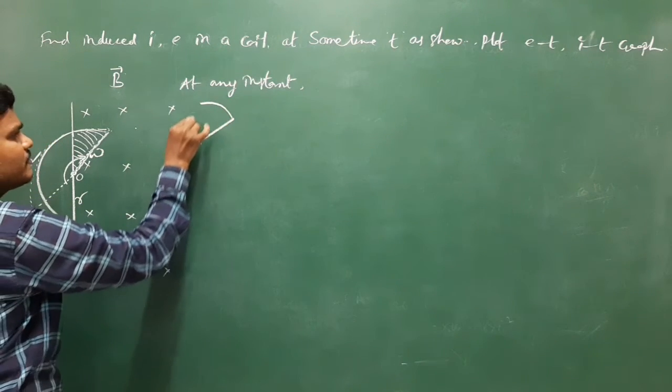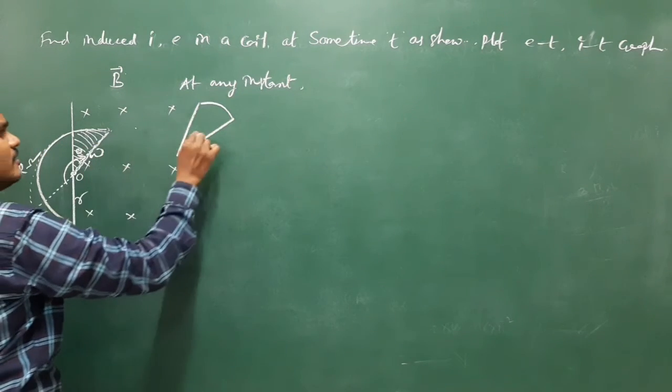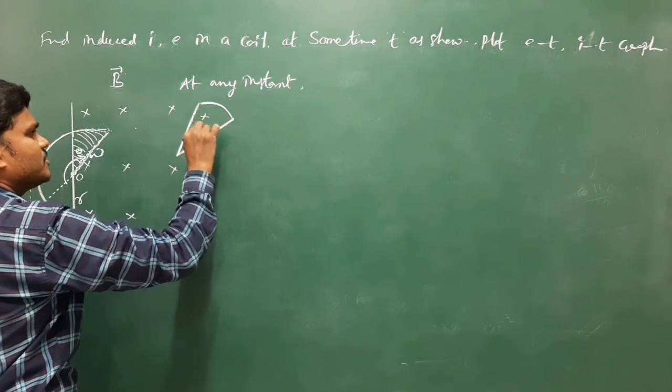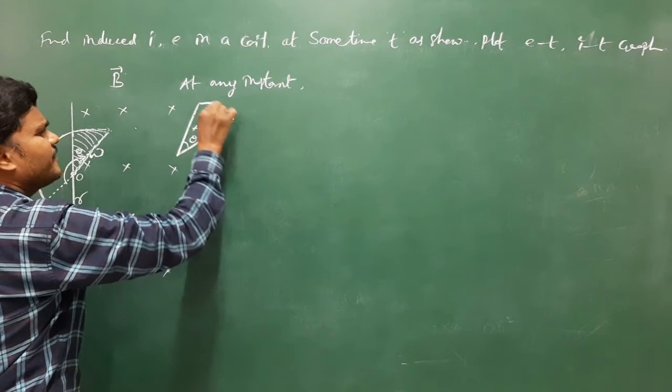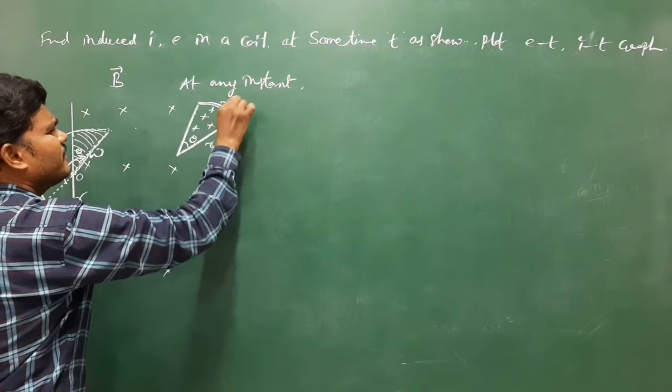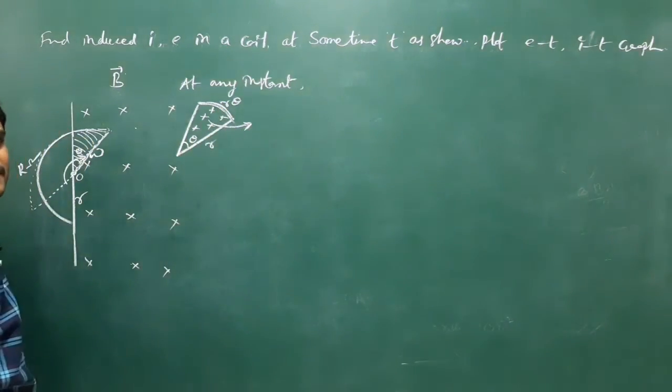After some interval of time, the loop makes some angle theta, and this is subjected to the inward field. This is r, and this is the arc length, r theta, and we can find the sector area.